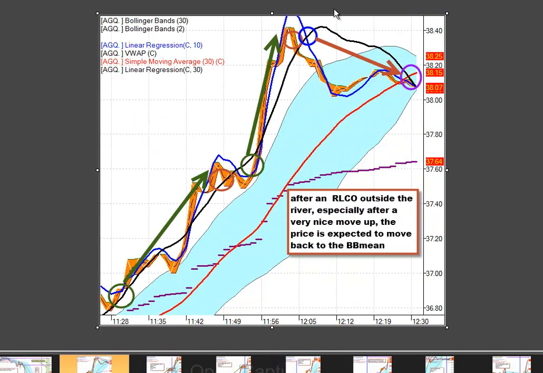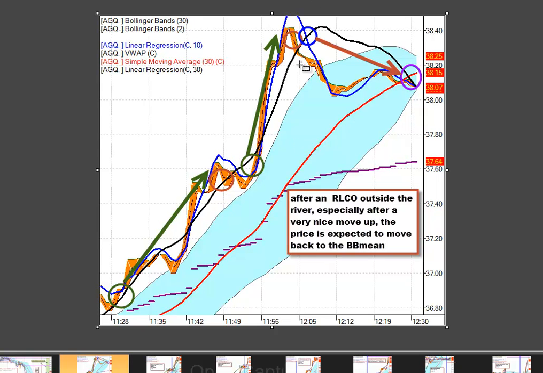This shows what happens after the exit. About 5 minutes after my exit, price is sliding down. You get the regression line crossover here in the blue circle, and that's what that one says: I take that as a sign that after a really nice move, you need to be exited by this time, which would get you about 38.25 if you had exited here.